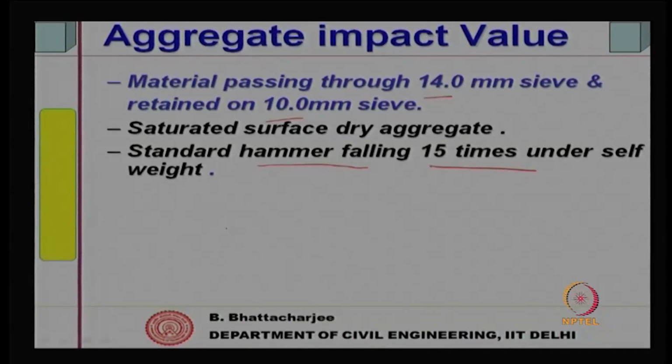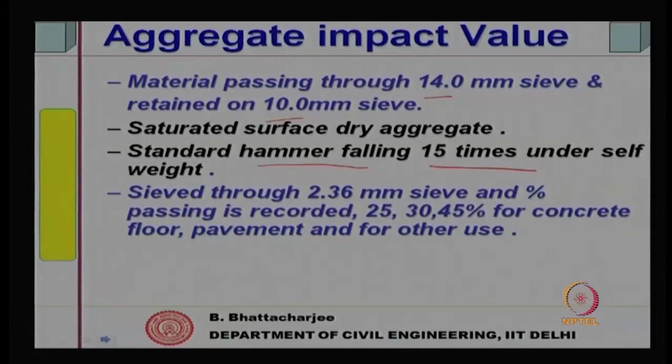You have a hammer which is lifted up and down, and under self weight that hammer mass falls through a standard height 15 times, and then you find out the percentage passing through 2.36 mm. Then you sieve it through 2.36 mm and the percentage passing is recorded: 25, 30, 45. For concrete 25 is recommended, for floor 30, pavement and other use 45%.